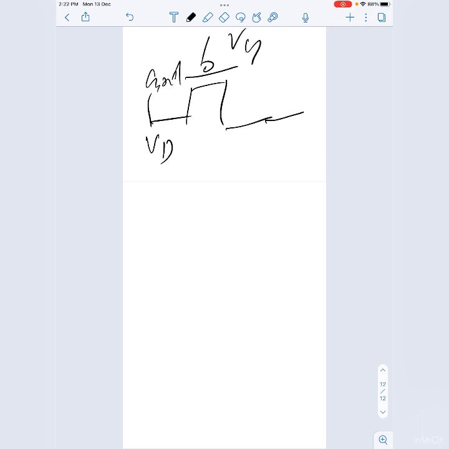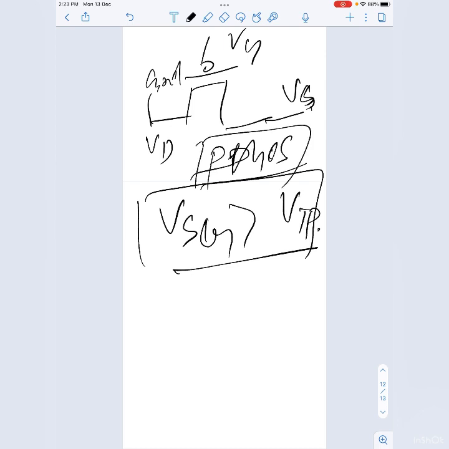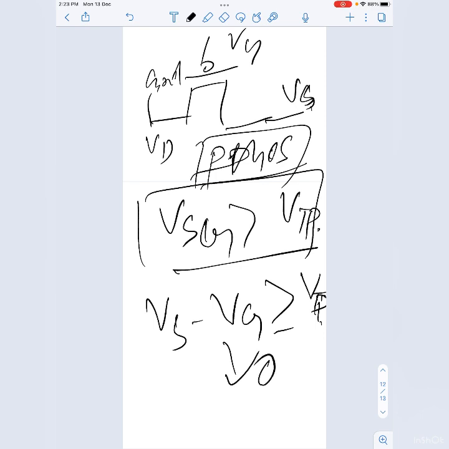This is VG, this is VS. VSG must be greater than VTP in case of PMOS, because the majority charge carriers are holes, so it is opposite of NMOS. So VS minus VG must be greater than VTP. Say we are applying a voltage of 0 here, so VS must always be greater than VTP.